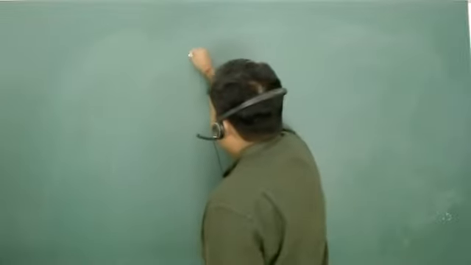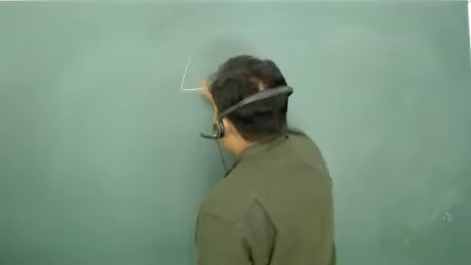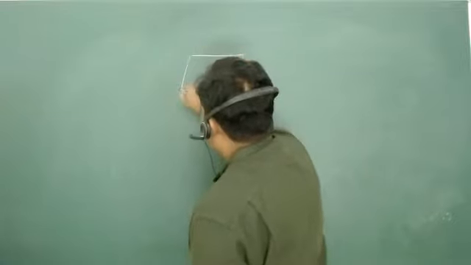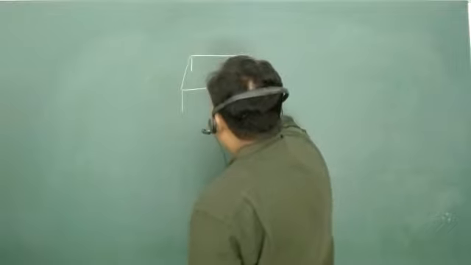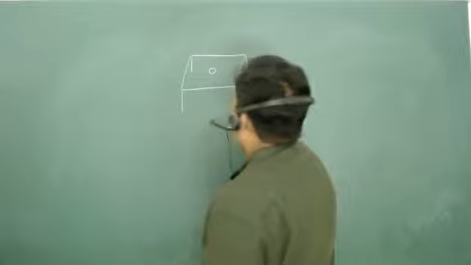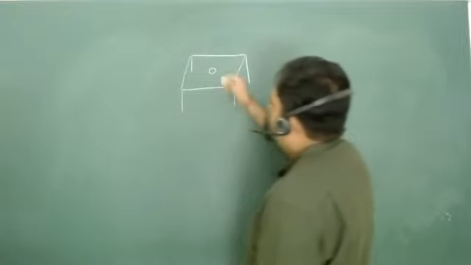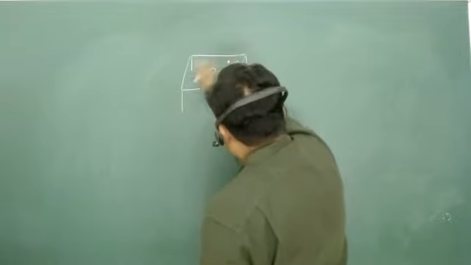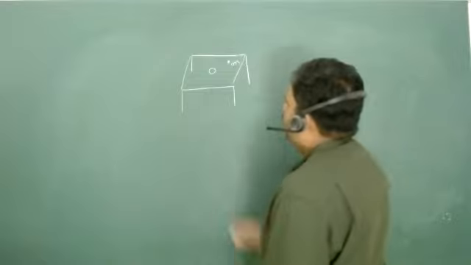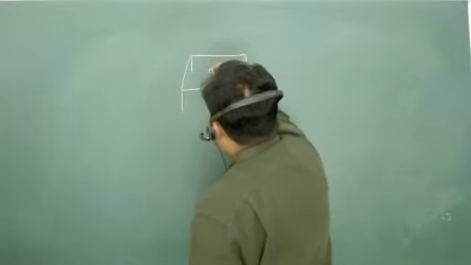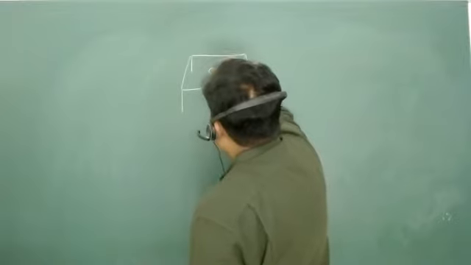In this problem, there is a table, and you can assume this is table. On this table there is a hole. Okay, and one mass is constrained to move on a surface of table, and another mass is attached to end of a string.